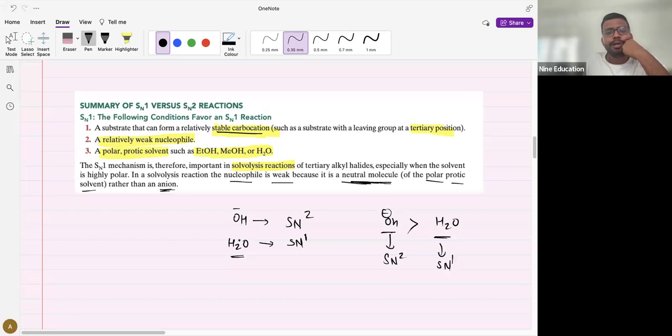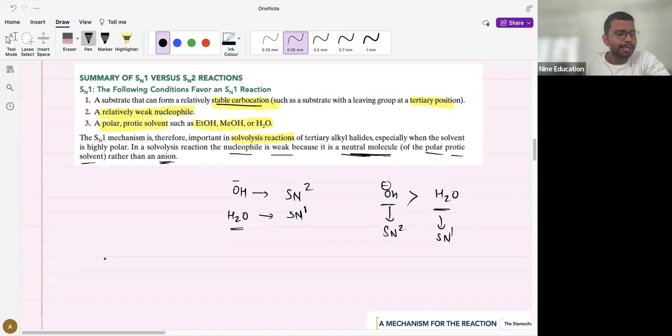Always remember about electron density: a negative charge will have more electron density than the lone pair of oxygen, so it can donate more. They are stronger nucleophiles. OH minus is a stronger nucleophile than H2O.